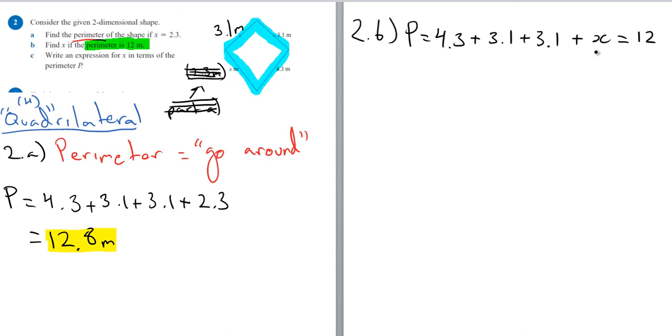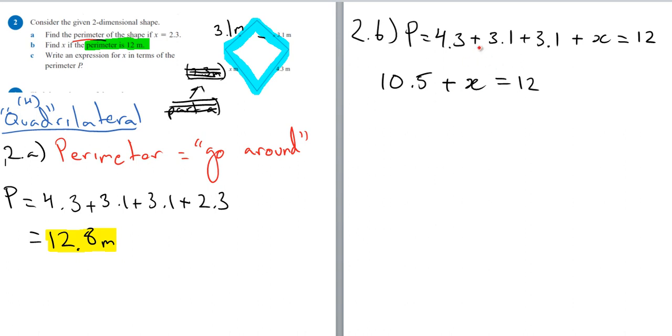All right, let's add up what we can so far. We can definitely add up these 3 numbers here: 4.3 plus 3.1 plus 3.1. That will give us 10.5, plus x. We can't add x to 10.5, because we don't actually know what the number is. So we leave it as x, and that equals 12. Now, remembering our algebra, what we want to do is get x on its own.